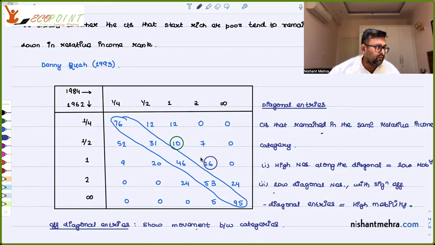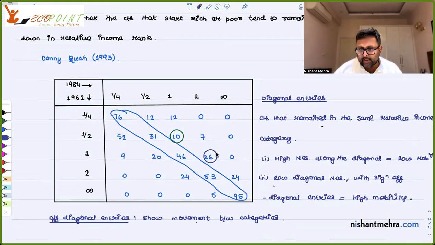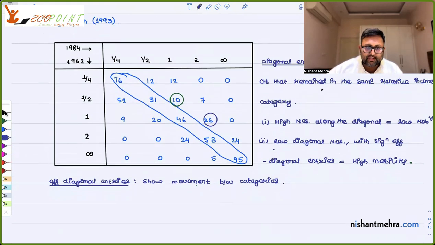A few points, one or two more points you can just write. From the diagram which has been made, you can see a few points. One, there is persistent poverty and wealth.